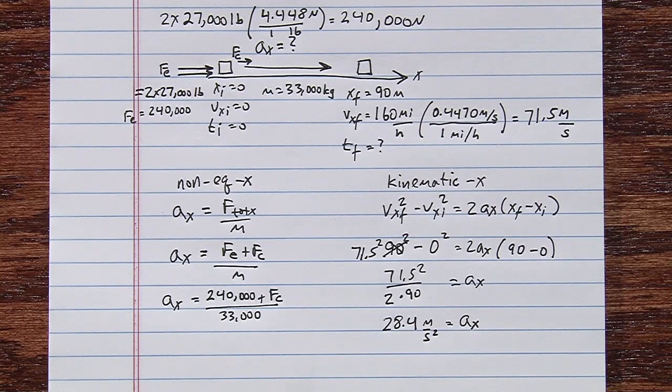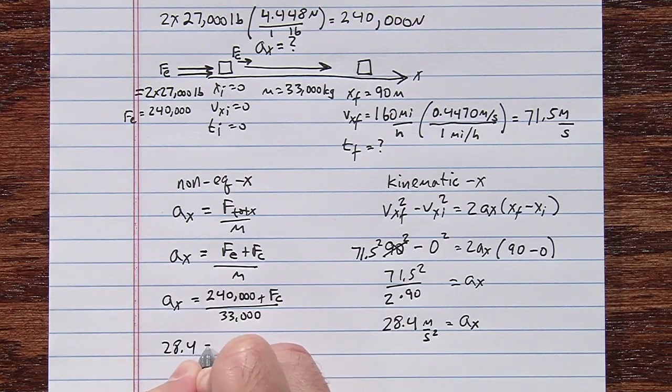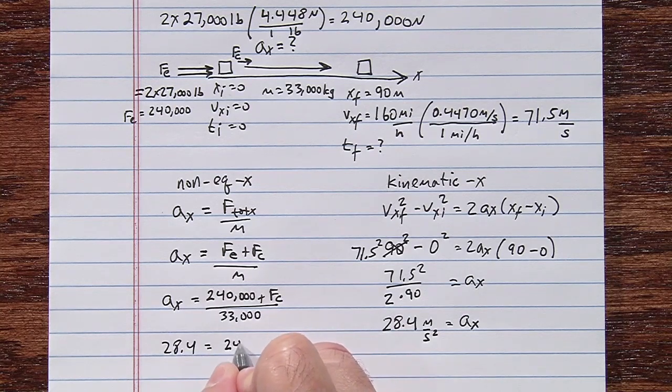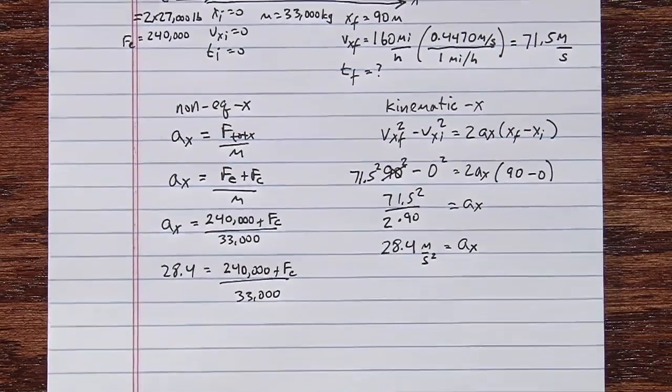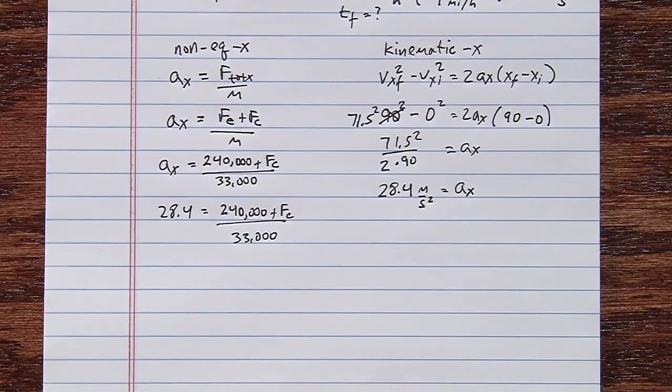And now we can use this over here. So 28.4 is equal to 240,000 plus the force from the catapult over 33,000. And now we have an equation with only the force of the catapult in it.